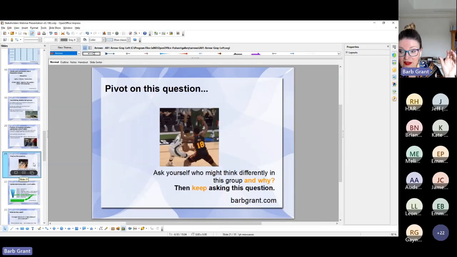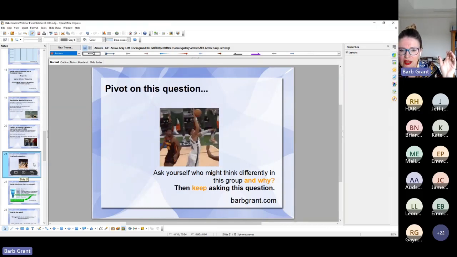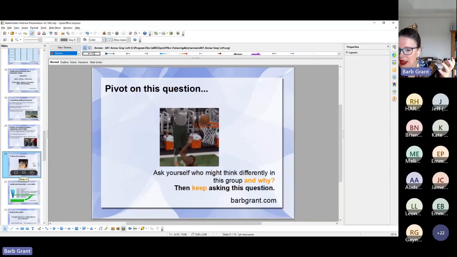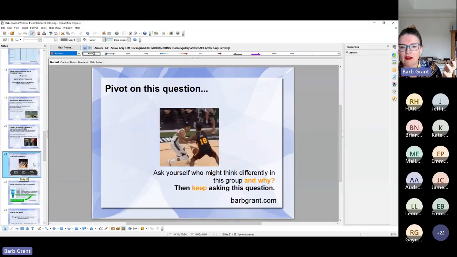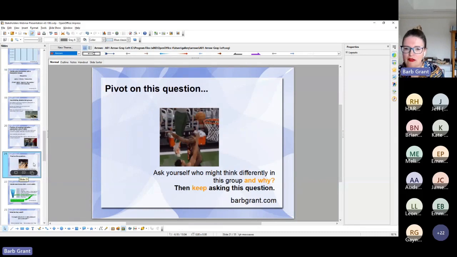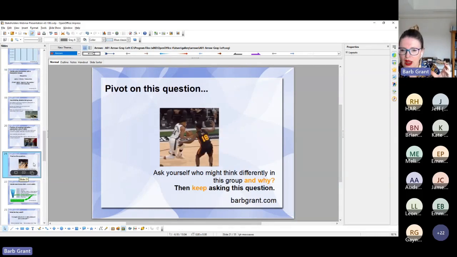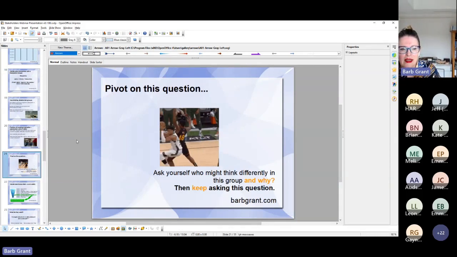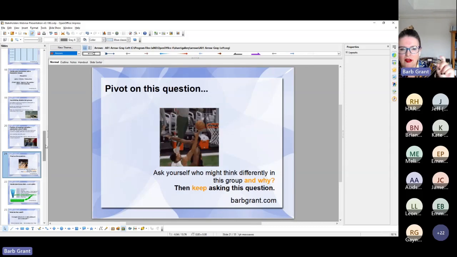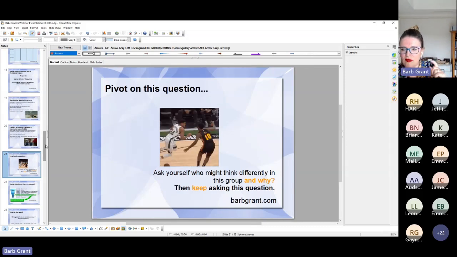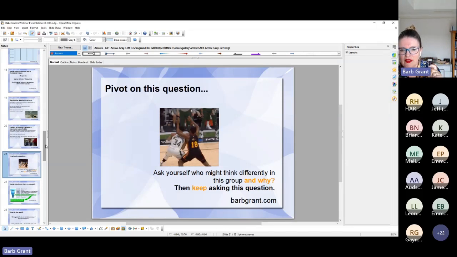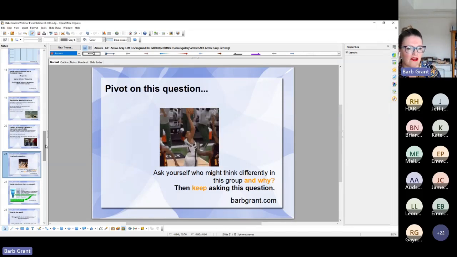Or has there been some kind of significant pivot point? And why is that? What is that about? And is that something positive that I can use to influence and enable other people in their adoption, or is it actually moving the other way? So that's the other key piece there. We need to be asking ourselves, what is the movement towards adoption that this change in attitude is raising?